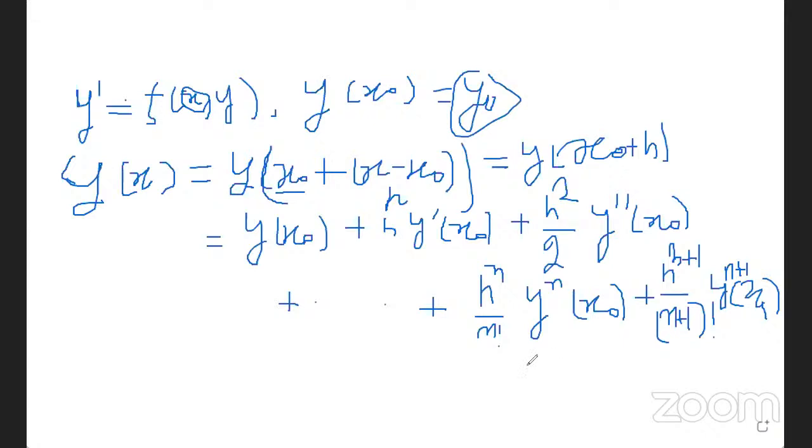So in that way we have written this, otherwise it has infinitely many terms. Whatever the rest term is, that contribution is taken care of by this one.